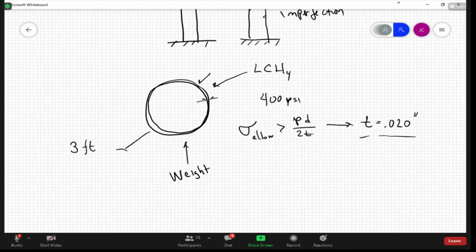A piece of paper is about 5 thousandths of an inch. Imagine taking a piece of paper and folding it in half and in half again. That's about the wall thickness of this 3-foot diameter tank.